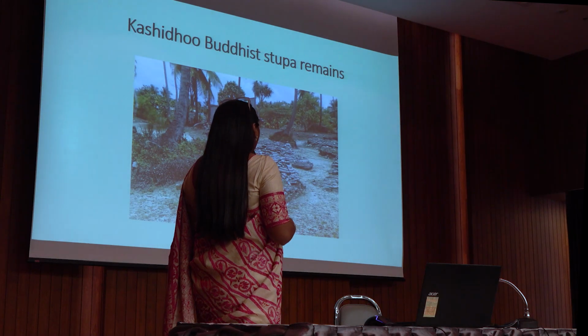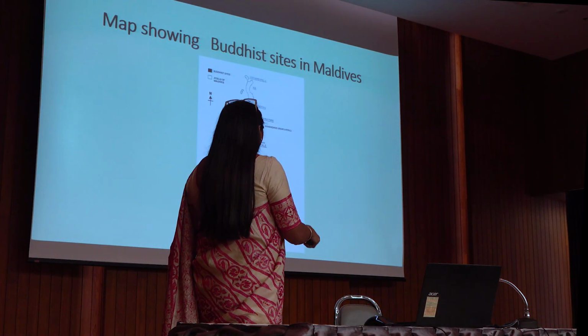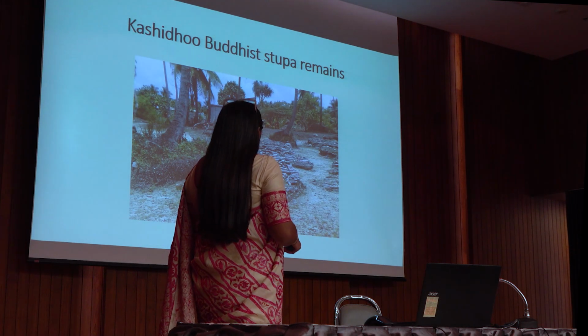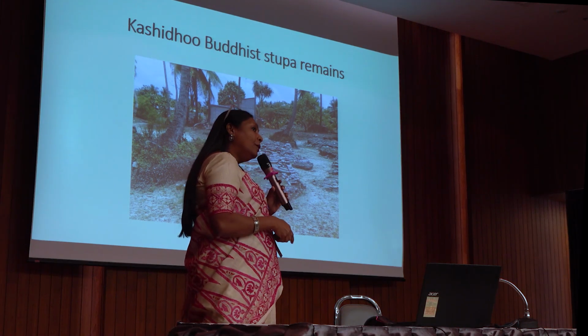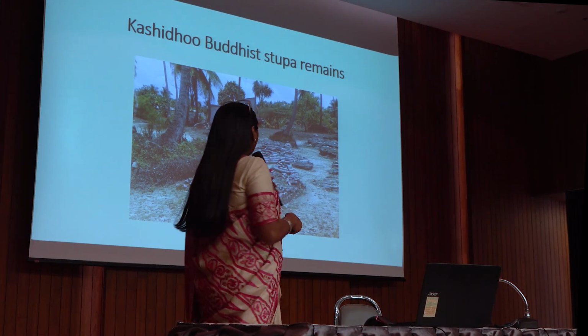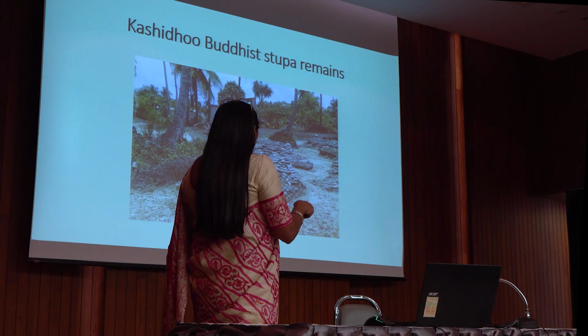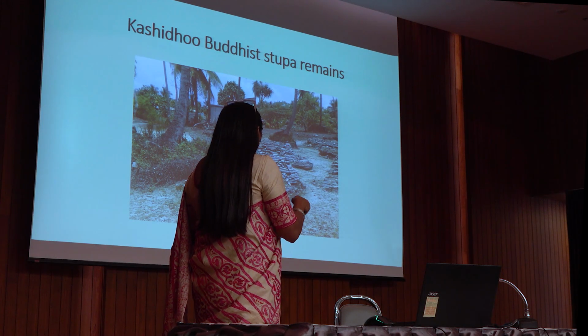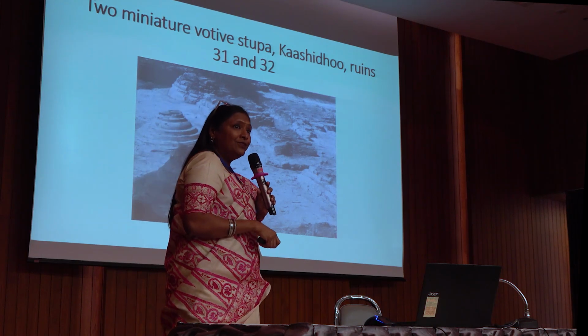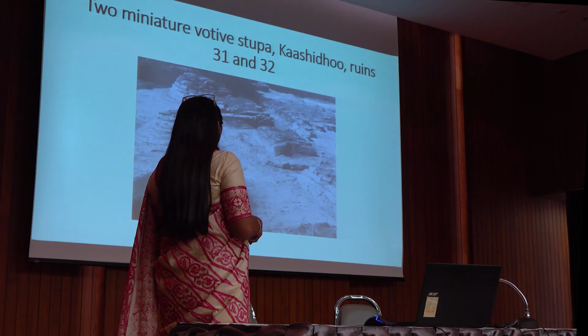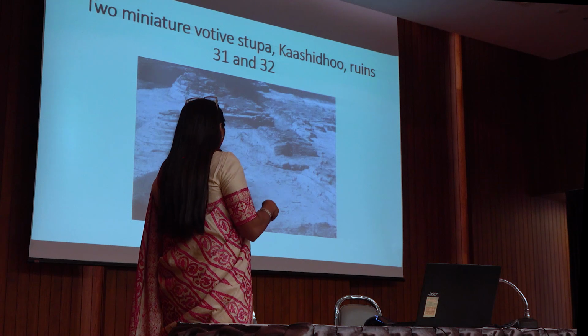But now, these are the places where we have done the field work in the Maldives, and you can see here the Kashidu Buddhist stupa remains. I am now talking about the Maldives itself, where you have stupa remains over here in Kashidu, and there are multiple stupas which have been traced at this Kashidu site.